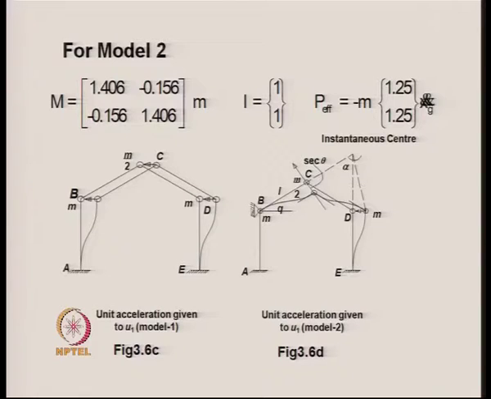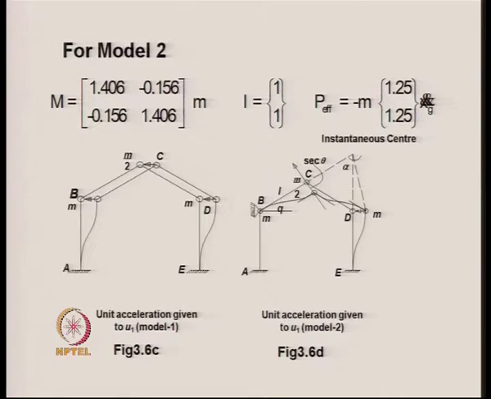In the previous case, for model 1, it was 1 and 0, that is, the mass at B moves in the horizontal direction, but the m by 2 mass acting at C cannot undergo any vertical movement, therefore I was equal to 1 and 0.